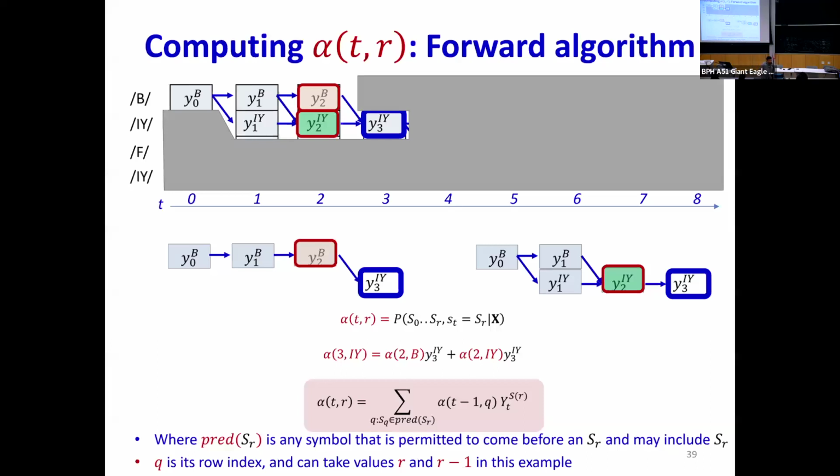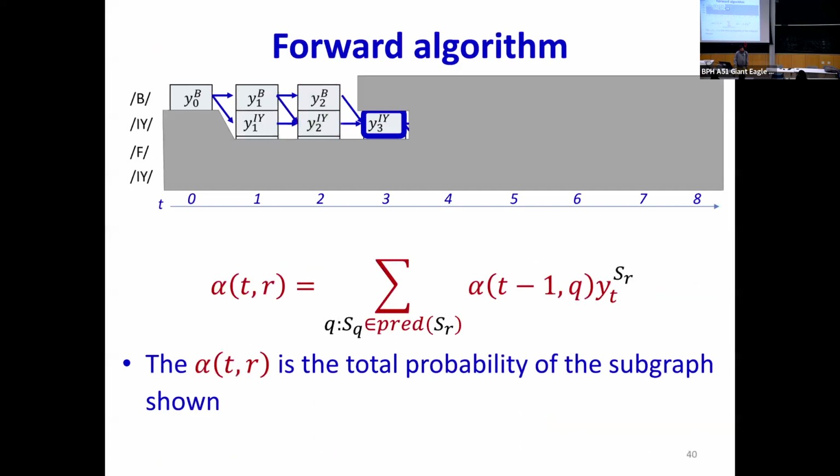Very simple, if you look at the picture. And so I can basically write the alpha probability for any node in this manner. The alpha probability for any node is the sum over all the parents of the node of the alpha for the parent times the probability of the node itself. Everyone with me? Once I have this, I can compute the alphas for the entire graph.